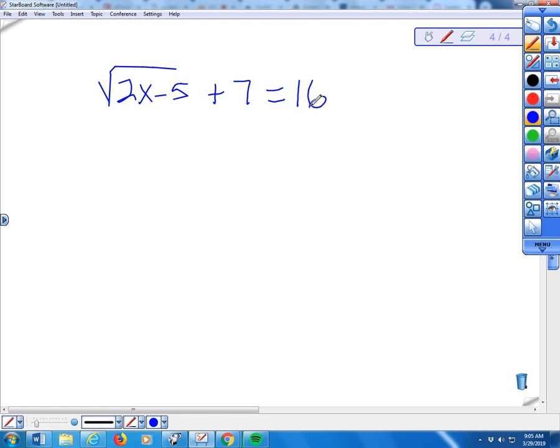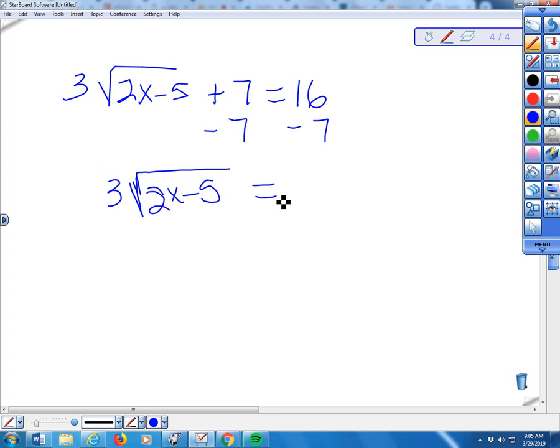Let's pretend I have a 3 on the outside, to make things a little easier. The first thing I'm going to do is subtract 7 from both sides. Okay, this is the step that most students miss on a quiz.